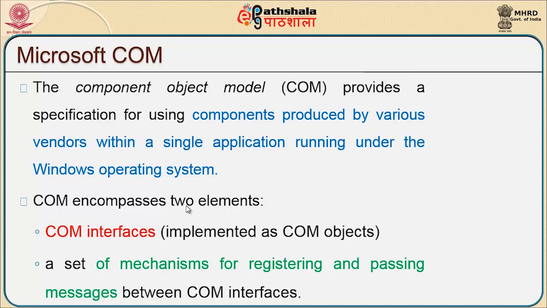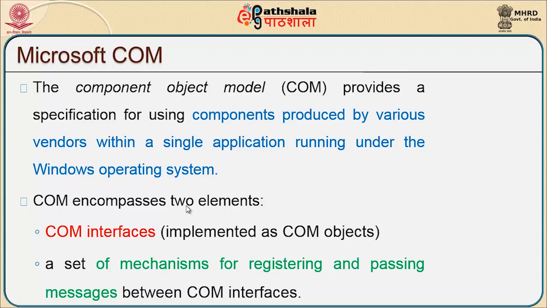With the other platform, Microsoft .NET, a Component Object Model is being developed, which provides a specification for using components produced by various vendors within a single application running under different Microsoft Windows operating systems.